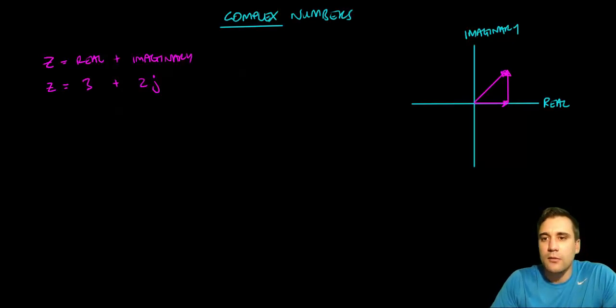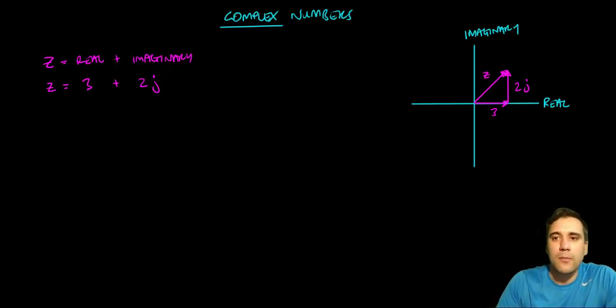So if we had this being the 3 and this being the 2j, we would still have this resultant z, which is a complex number. Sometimes you'll see it with a bar over it like this, just to indicate that it is a complex number. But hopefully you're getting the basic idea, and the 2D vectors revision was sort of helpful in jogging your memory.